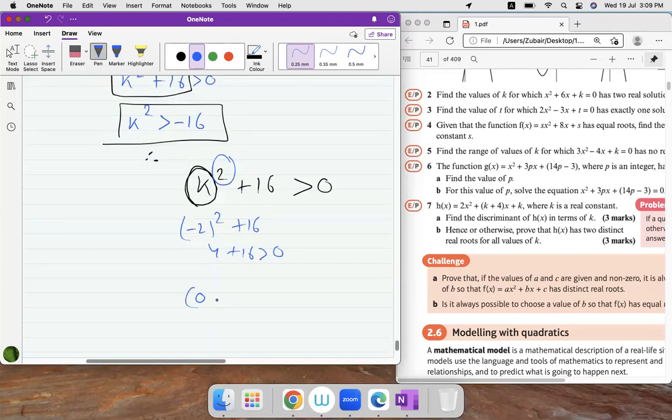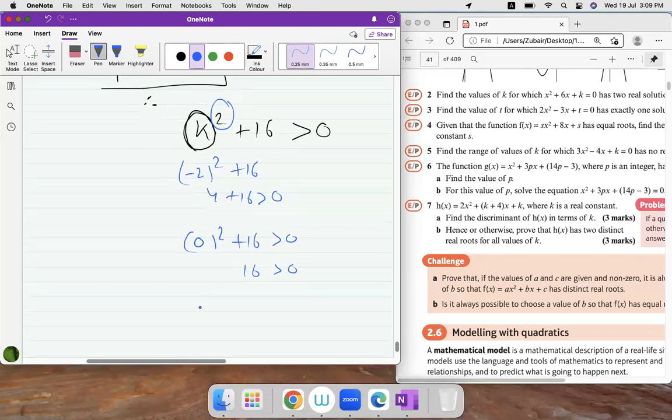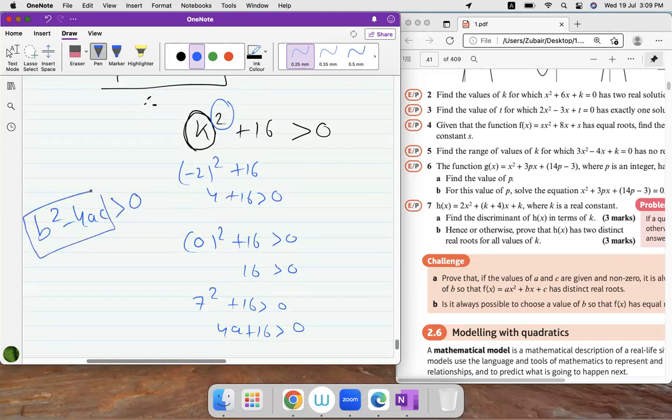If I use 0, this thing is again greater than 0. If I use a positive value, 7 square, this is again a positive value. So for any value of k, this is always greater than 0, and b square minus 4ac being greater than 0 means it has two distinct roots.